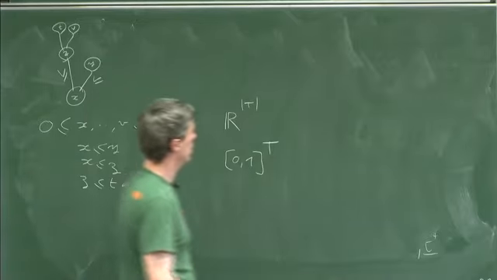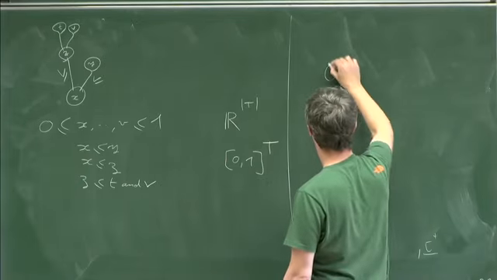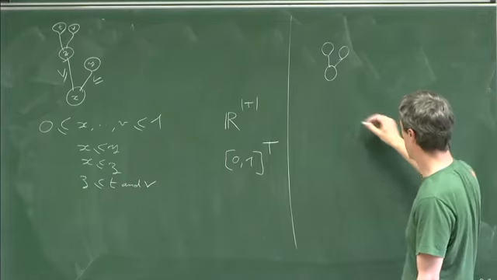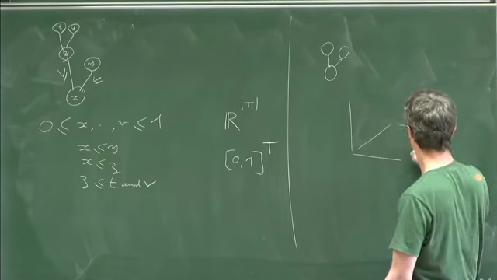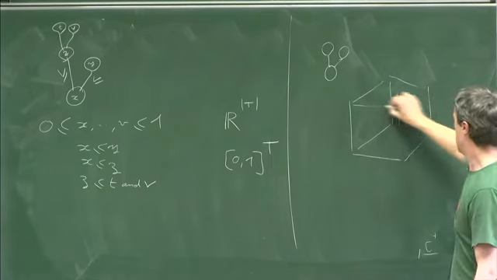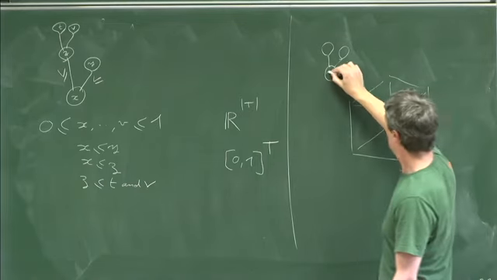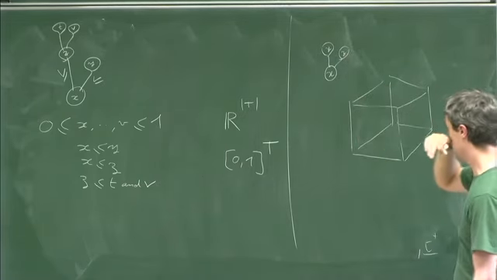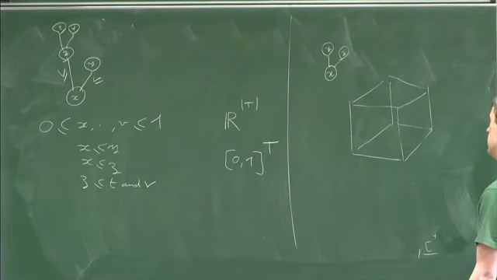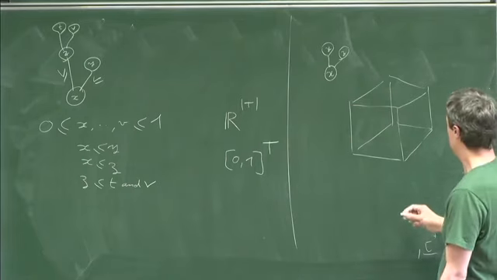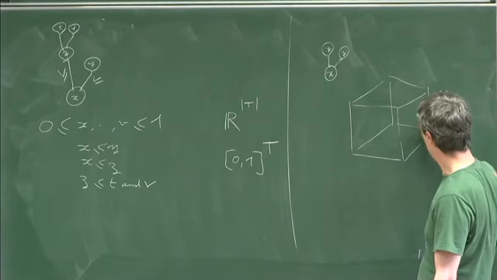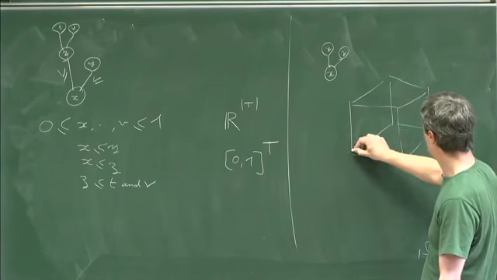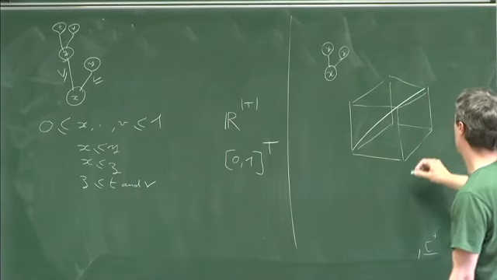Just one concrete example, we can look at this one, because it's in dimension 3. I can make a drawing, try to make a drawing at least. So it says that x should be smaller than y and z, and all between 0 and 1. It's some kind of pyramid.